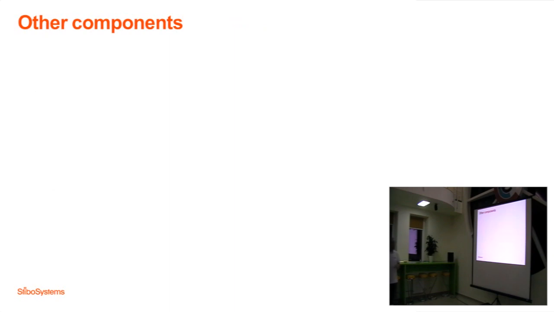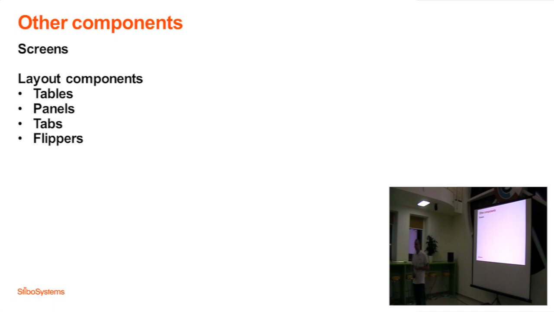Okay, so on top of the value components, we also have some other components, because it's not all about managing data. We need some screens somewhere to set up. The equivalent is maybe just a page, a web page in a normal website. But we also need some layout components so we can put it up in a nice way and have different panels and tables and maybe some tabs and flippers, like these ones that are flat, and you can click and it opens up and shows something more underneath.